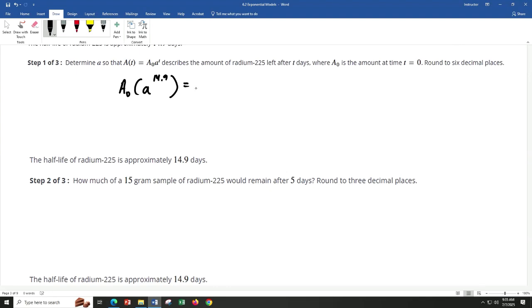I know for a fact I don't know my A yet, do I? But I do know if I plug all that stuff in, I should have how much left of my initial? Half-life, right? I should have half of that, right? So shouldn't I just divide that by 2?